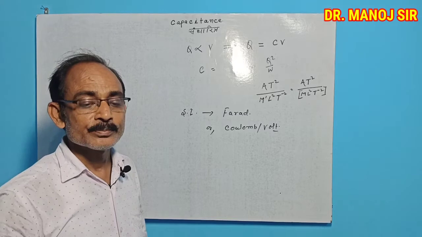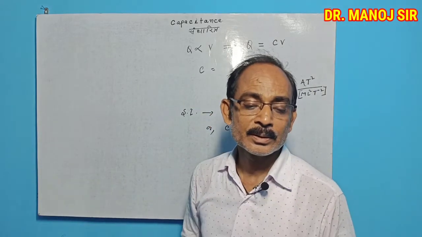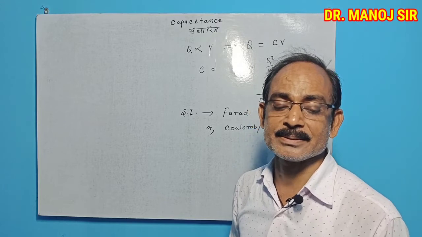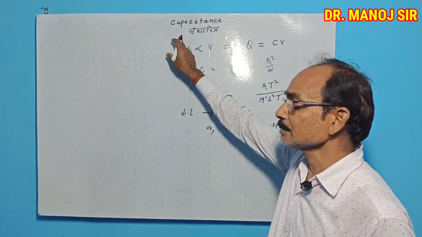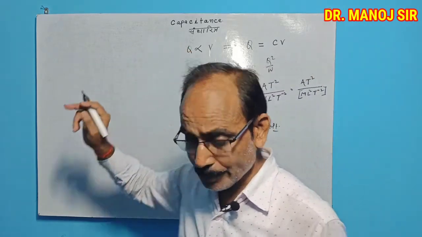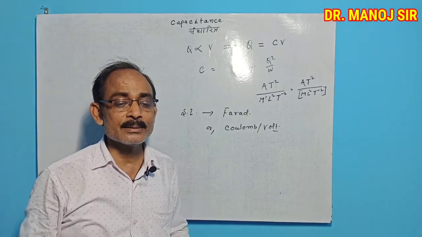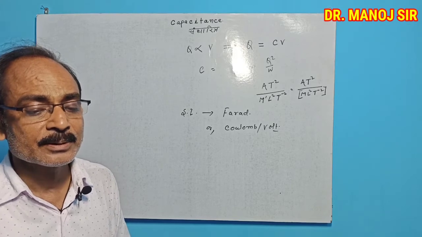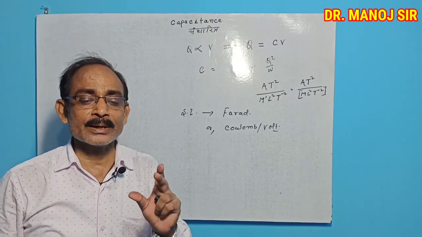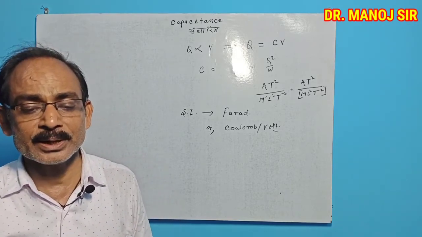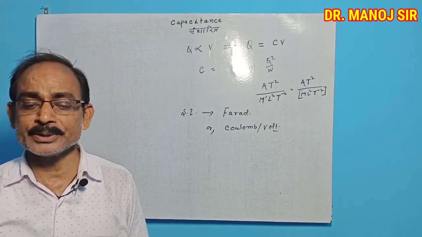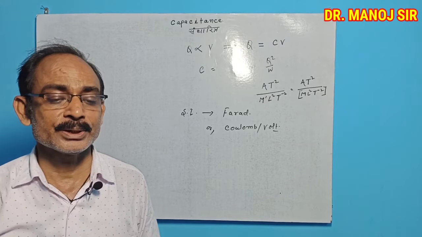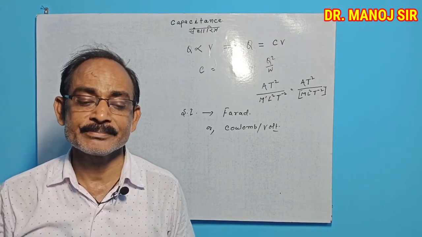Now the condenser or capacitor is my topic. Condenser or capacitors: a pair of conductors of opposite charge on which a sufficient quantity of charge may be accommodated is defined as a condenser.